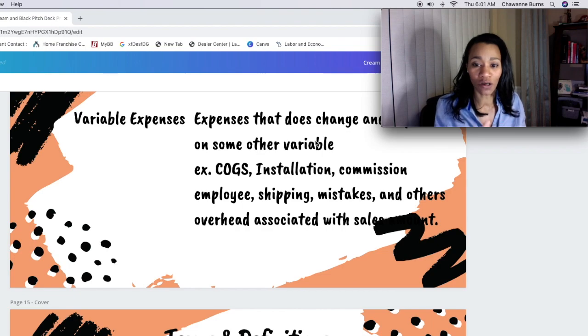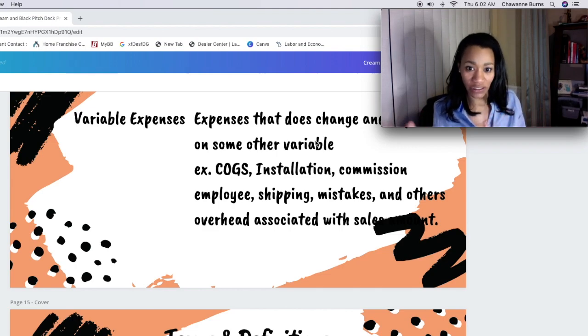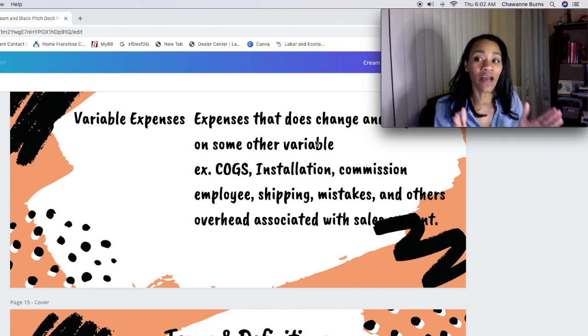Examples: cost of goods sold, installation, your sales commission, commission to your employees, shipping, mistakes, and other overhead expenses associated with your sales. These are dependent on your sales, so that's why we call them variable expenses. They change month to month, okay?